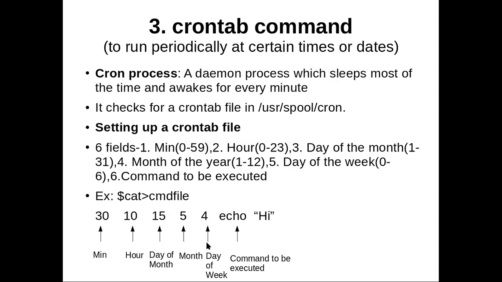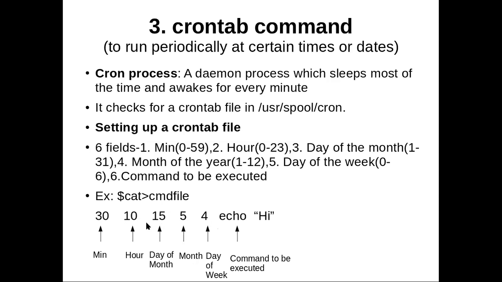So this particular crontab file contains the information to run the echo command to display the message hi in the month of May on the 15th, that is Thursday, at 10:30. So this echo message will display hi in the month of May on the 15th at 10:30.